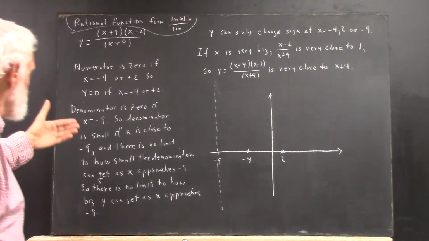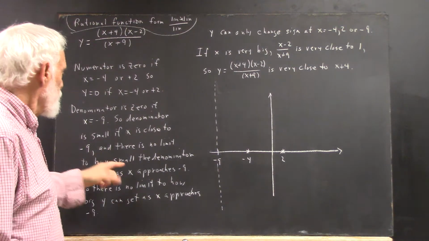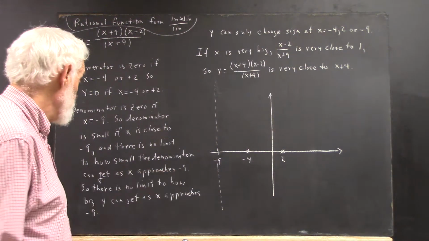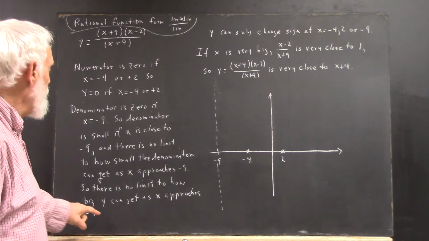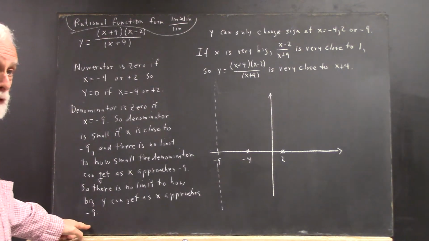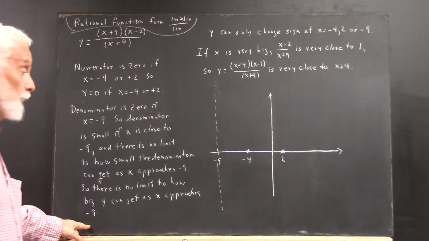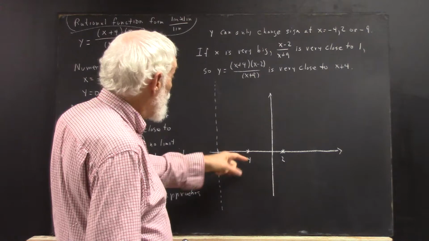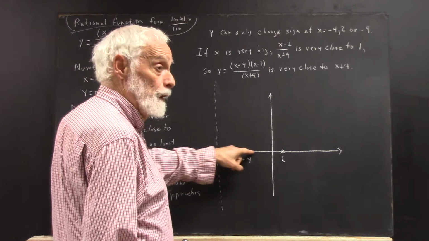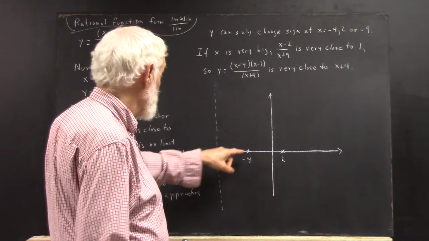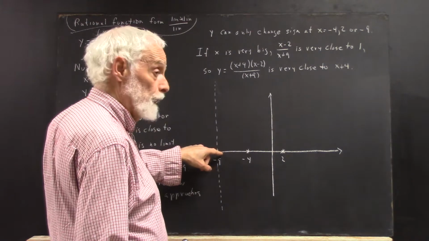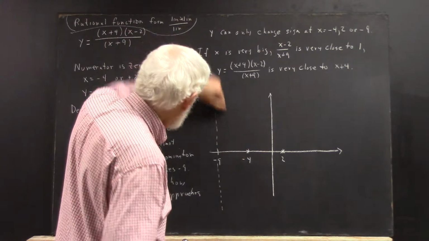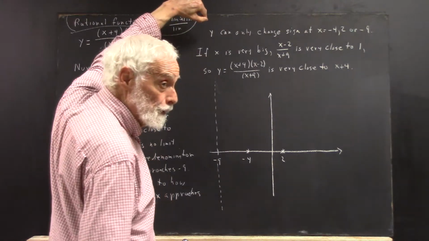Okay, now important point, again, there's no limit to how small the denominator can get as x approaches negative 9. So there's no limit to how big y can get as x approaches negative 9. So if y is positive as you approach negative 9 from the right, and we'll see whether it is or not, it's going to go into really big positive numbers and you're going to get a positive asymptote.